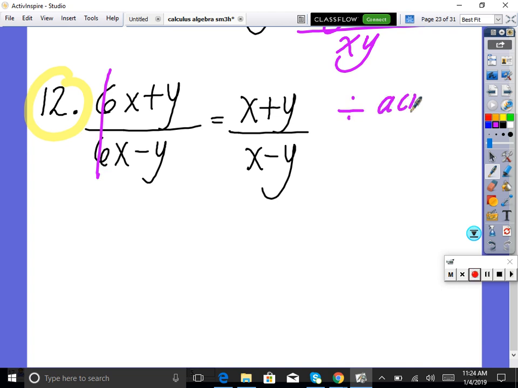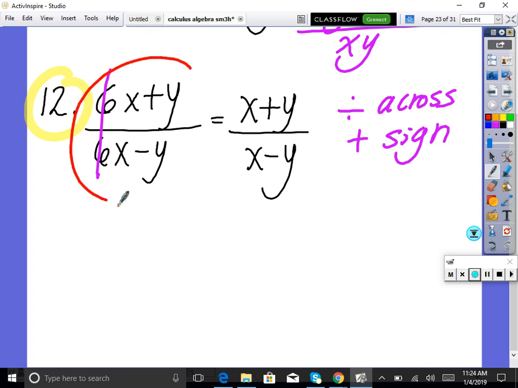So you say divided across addition sign, which is bad news. So there's nothing we can do to simplify that, correct? Look at the problem. What would we do? There's nothing we could do. You see? Okay, then that's the answer. Easy, right? Easier than you thought it was going to be?